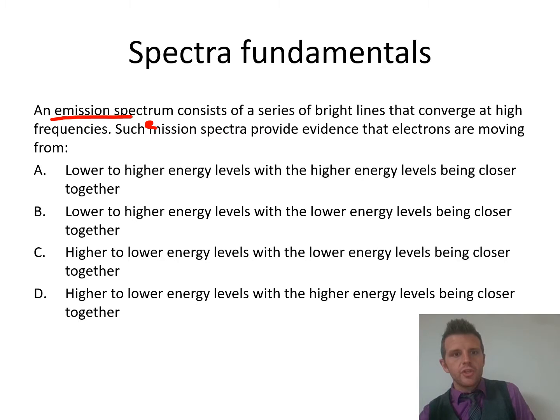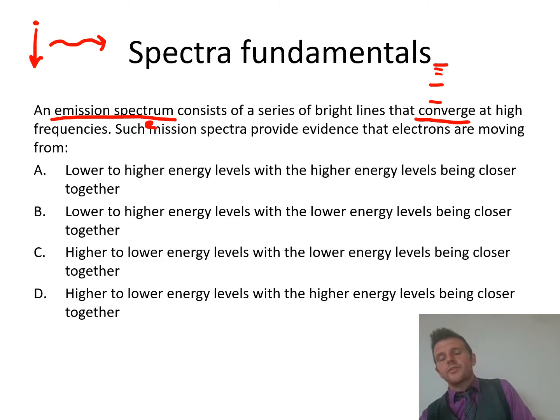So emission spectra. That means that we have an excited electron falling down to its ground state and emitting that photon of light. Okay? And they are going to converge, which just means get closer together. So these lines are converging at the top.